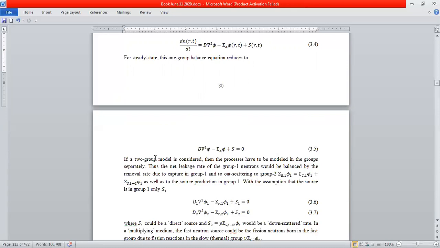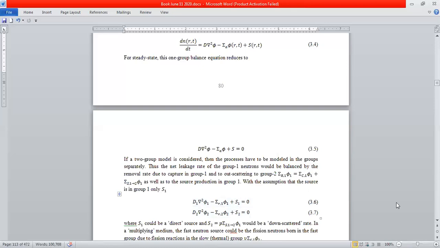Now, in the two-group model, I'm going to say that group 1 is the higher group. It's got more energy for neutrons. Group 2 is the lower group. And I'm going to assume that neutrons which collide in group 1 can come down to group 2. But neutrons which collide in group 2 cannot go up into group 1.